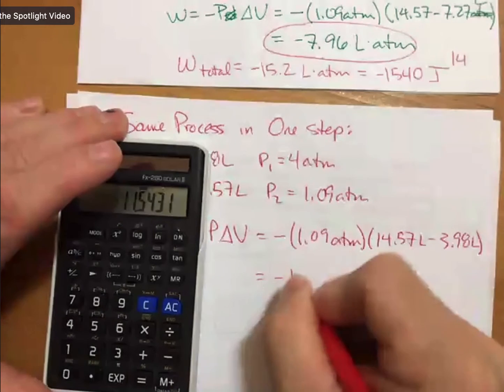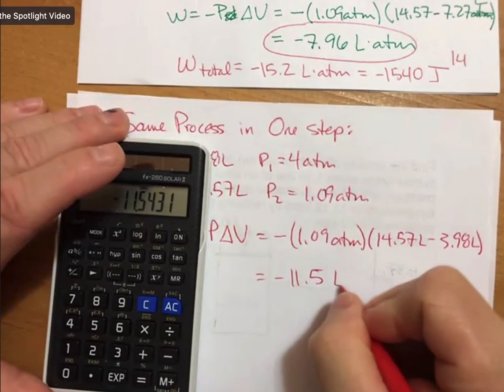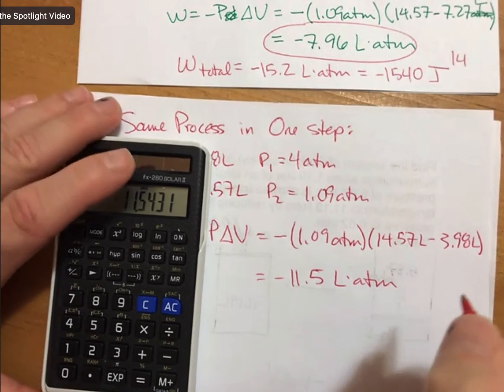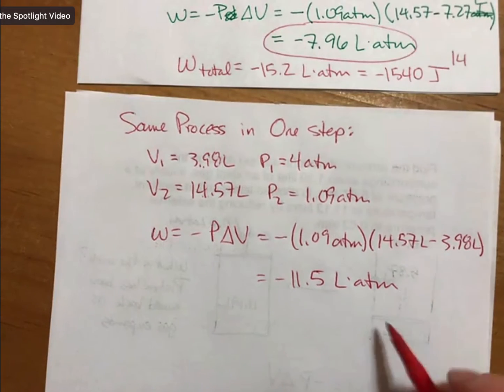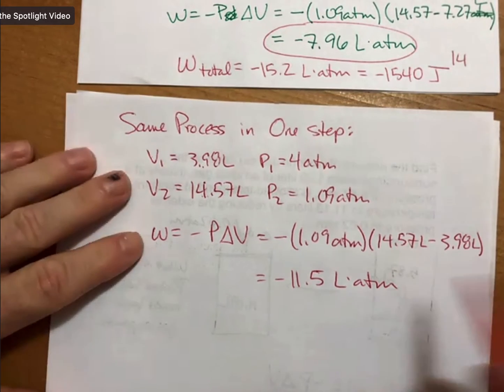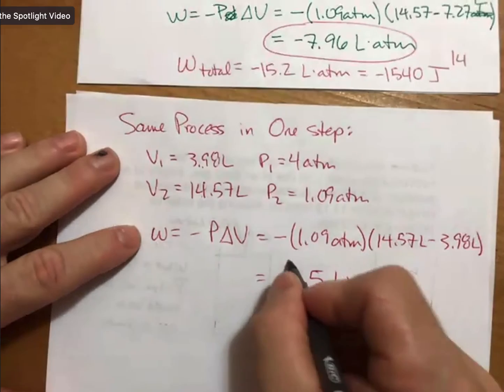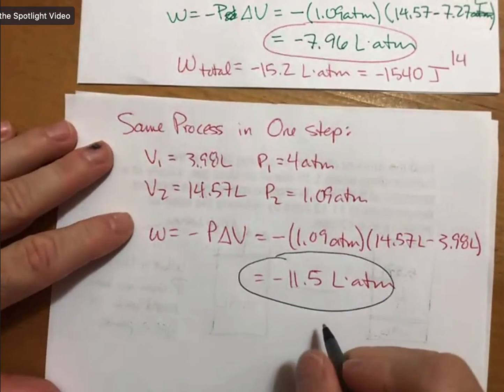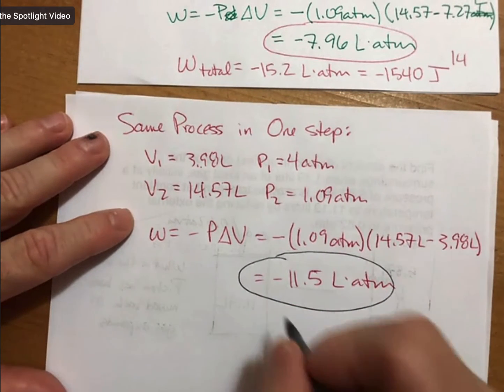I get minus 11.5 liter atmospheres. We could turn this into joules, but I'm just going to stick with this. So here's the work that you can get out of a one-step process.